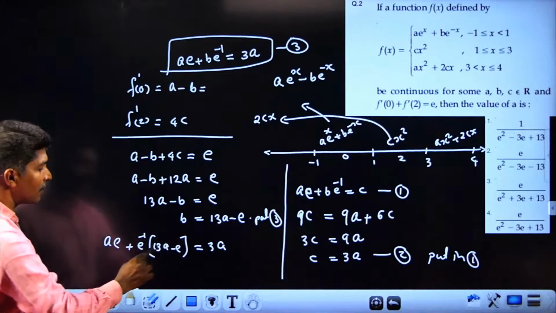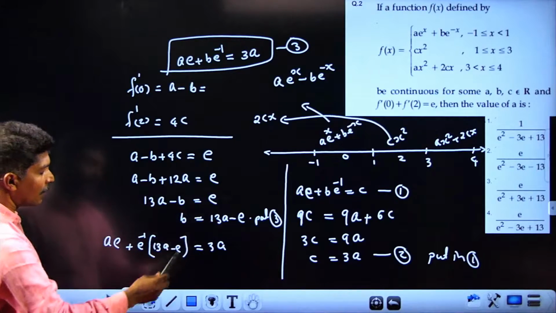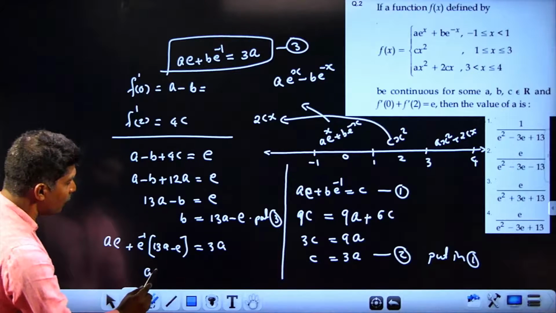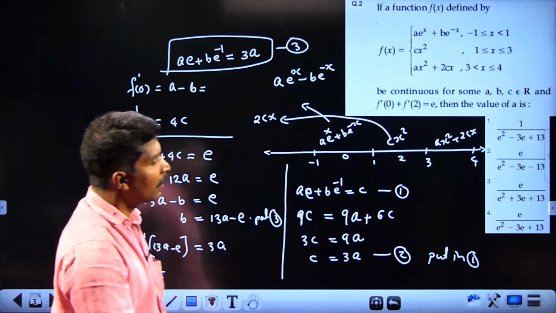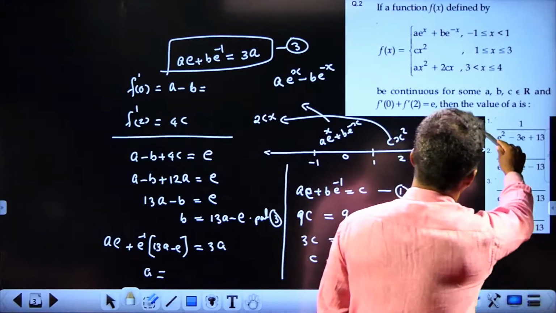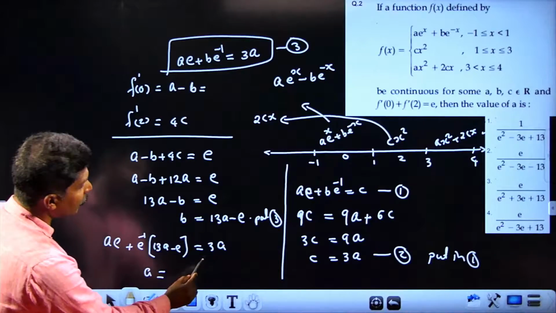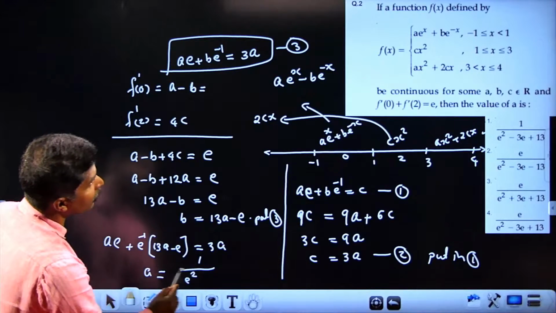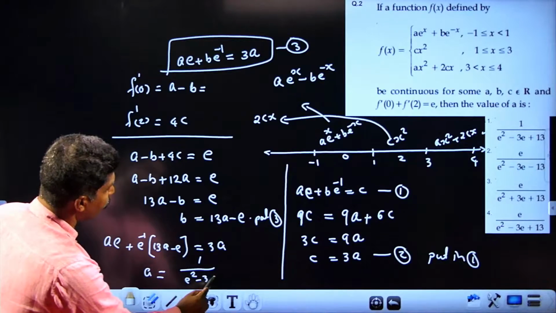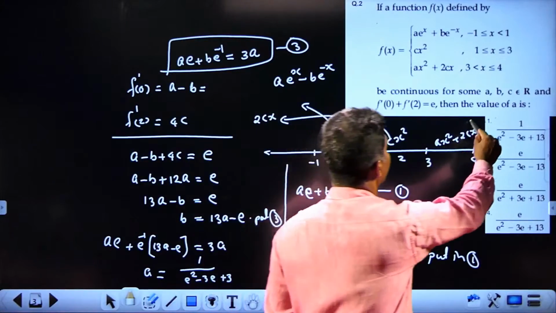Multiplying by E inverse, all the A terms come to the left side and constant terms go outside. So solving, you will get A is equal to 1 divided by E square minus 3E plus 13. So option 1 will be the right answer.